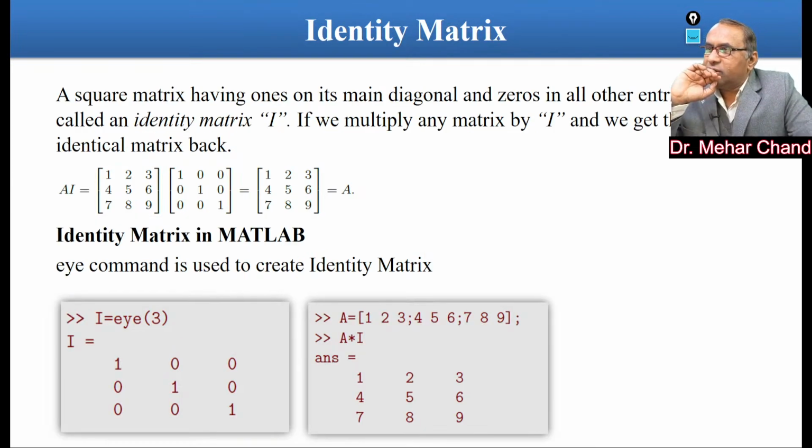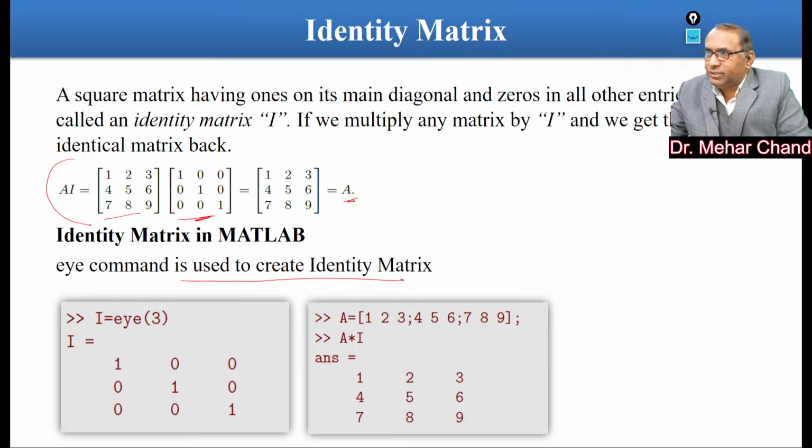So, identity matrix. These are very simple operations and you can execute them. When we multiply the identity matrix with A, it will be equal to the same matrix. The I command is used in creating the identity matrix, as we studied.